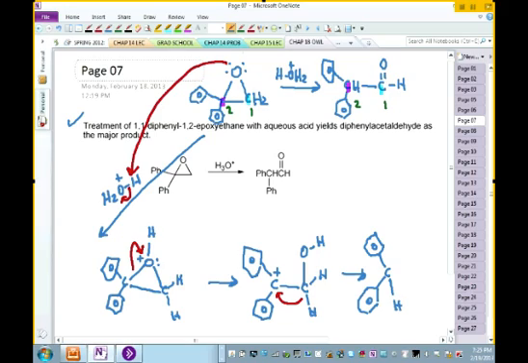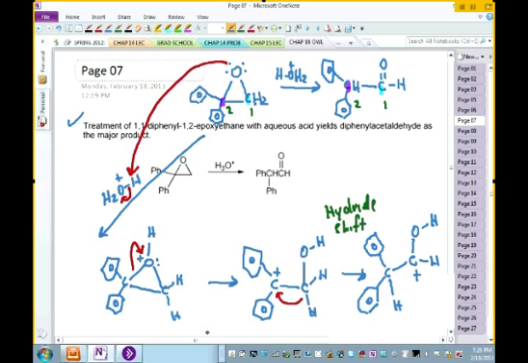The hydride is now here. So now we say hydride shift. And now on this carbon here, this carbon now becomes a carbocation.